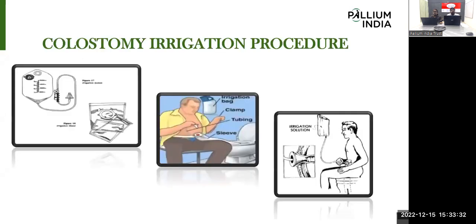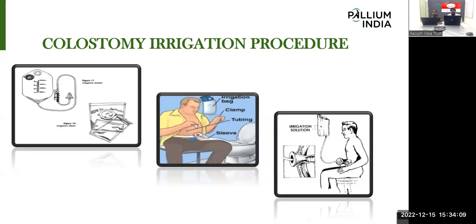This is the diagrammatic representation of how the steps go in colostomy irrigation. In the middle portion, the colored picture, you can see first the hanging type of irrigation bag. In the connection tubing there is a clamp in between. After filling the bag with lukewarm water, the patient can control the speed of the water by using the clamp. At the end of the tube there is a funnel-type structure.